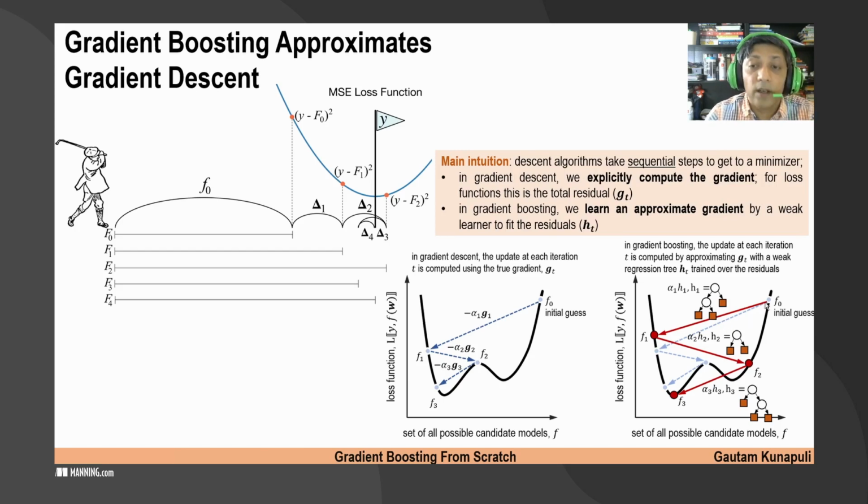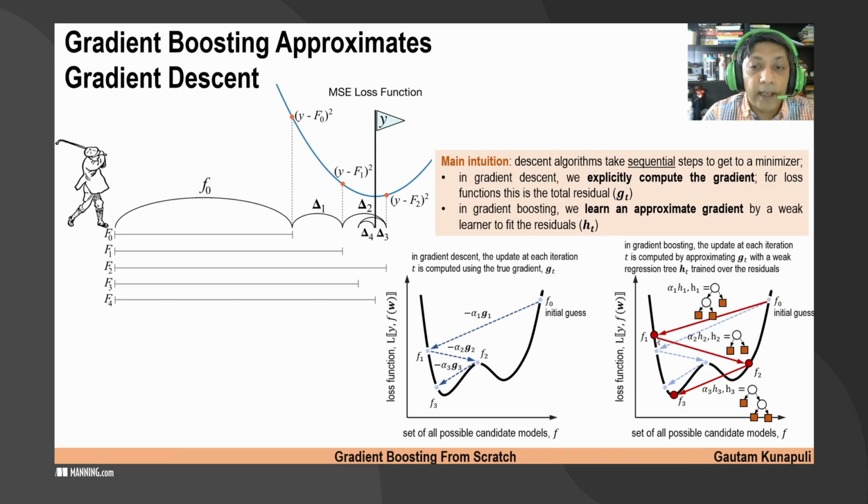So sequentially, what you will do is you'll start with your initial guess. You will then build a weak learner here to perform this approximate gradient descent, and then you will end up at a model which is essentially F0 plus this weak model.